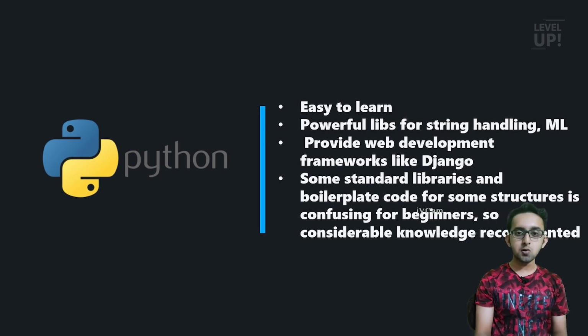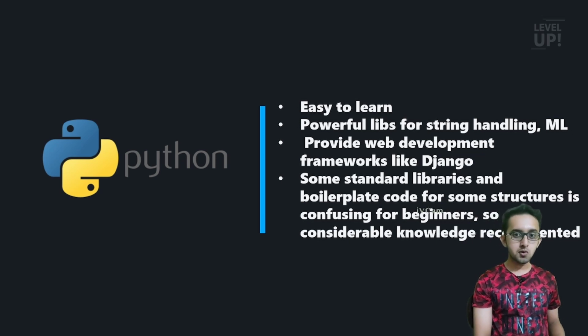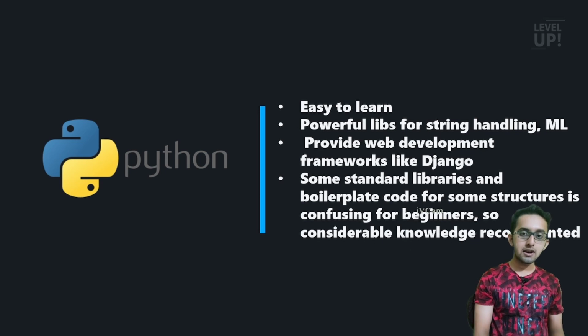When it comes to certain coding problems like hierarchical data structures like trees and all, you might see some boilerplate code which is not common with other languages like C++ or Java. Since these libraries of Python, which is specific to technical interview problem solving, is not as widely discussed when compared to C++ or Java, I would like you to have considerable amount of knowledge before actually choosing Python as your language when preparing for your technical interviews.